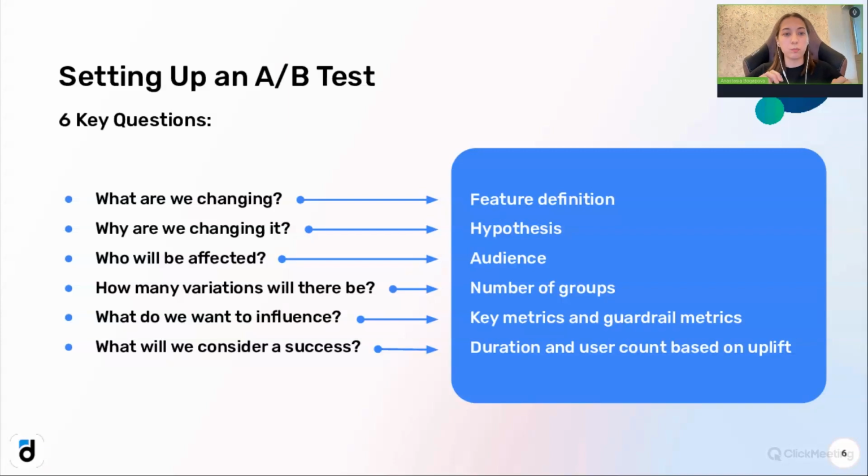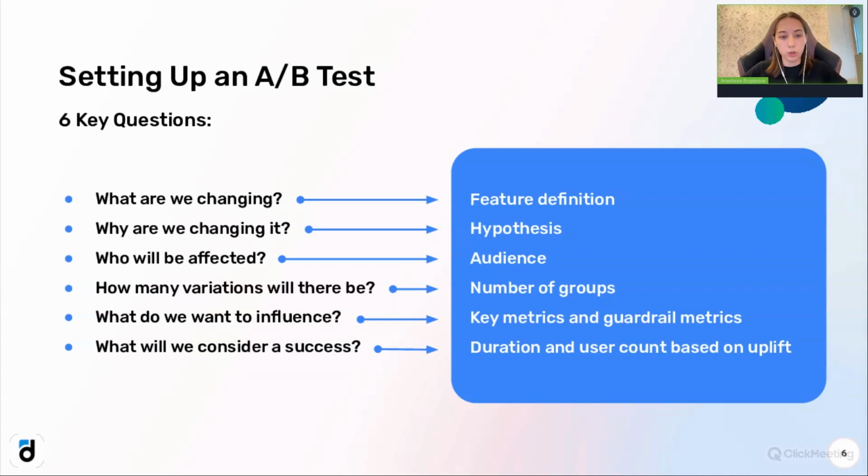First, we need to pinpoint exactly what we're tweaking and what feature or element we are aiming to improve. Then let's consider why we are making this change. What's our end goal here? What's our purpose?